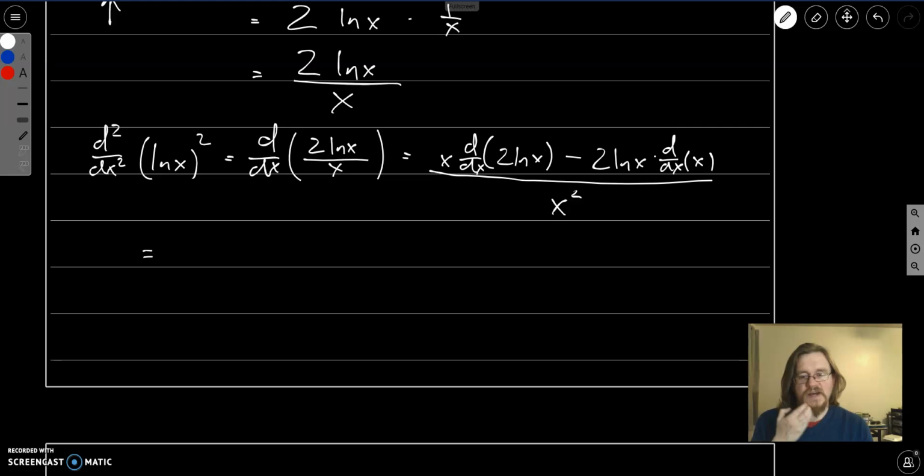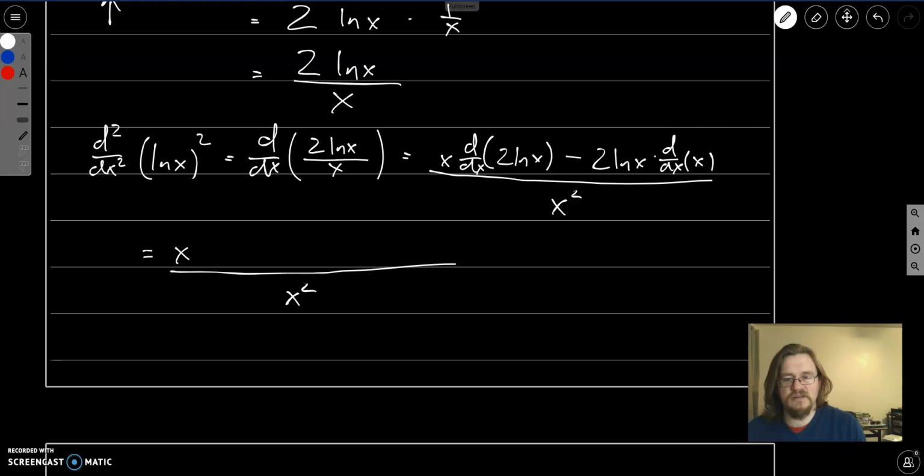So here, I've got x times the derivative of 2 times the natural log of x. Well, if I'm taking a function times 2, when I take the derivative, I can just pull that out. And the derivative of the natural log of x is 1 over x, minus 2 natural log of x. Well, the derivative of x is just 1.